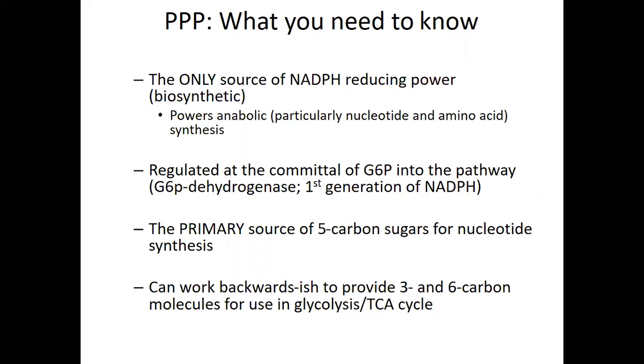But don't forget that you can also take glyceraldehyde 3-phosphate and fructose 6-phosphate and shuttle them back into glycolysis if needed, and then use them to immediately go into the TCA cycle. You can convert them to a pyruvate molecule if needed. 5-carbon sugars, and I could also say 4-carbon sugars, are needed for assembly of macromolecules.